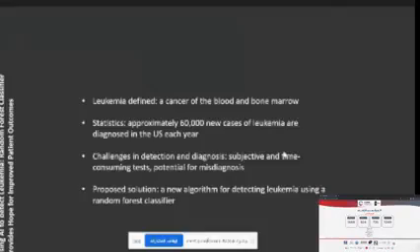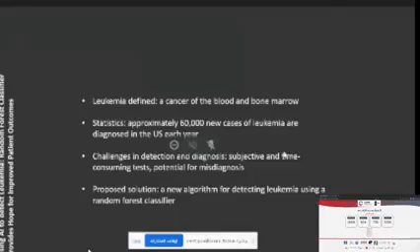Leukemia is defined as a cancer of the blood and bone marrow, and the statistics are approximately 60,000 new cases of leukemia diagnosed in the US each year. However, challenges in detection and diagnosis are subjective and time-consuming tests, and this has given us a potential for misdiagnosis.